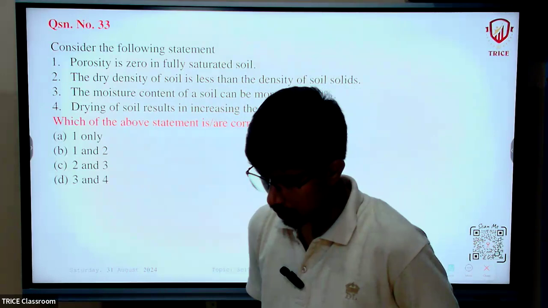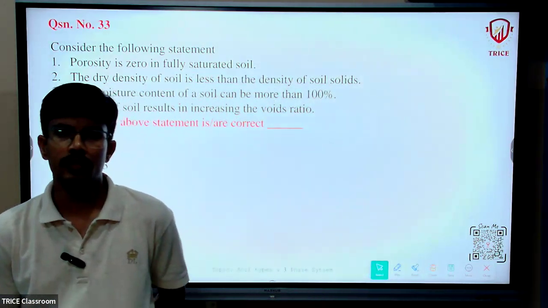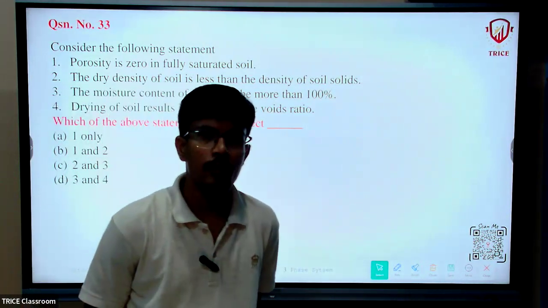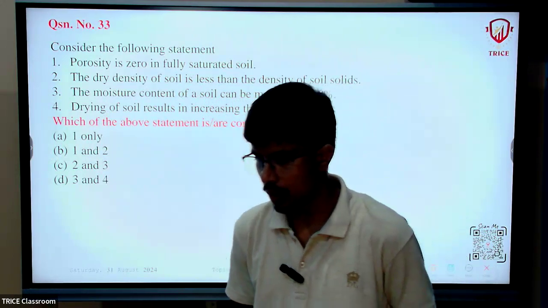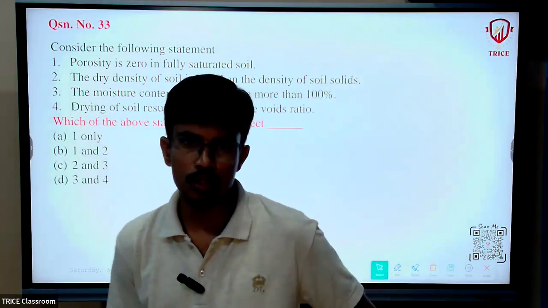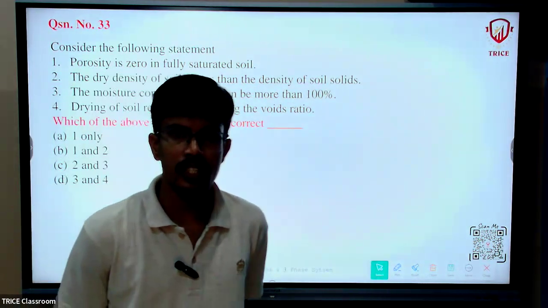Regarding the chemical, we have oxidation, hydration, carbonation, leaching and so on. When the soil remains at the place of its origin, we call it residual. If it moves from one place to another, we call it transported. And we have the transporting agencies.